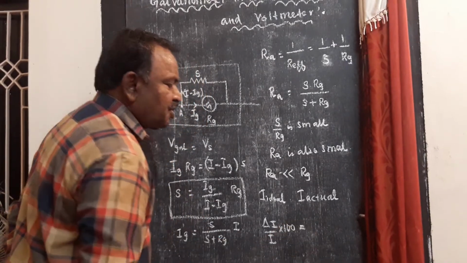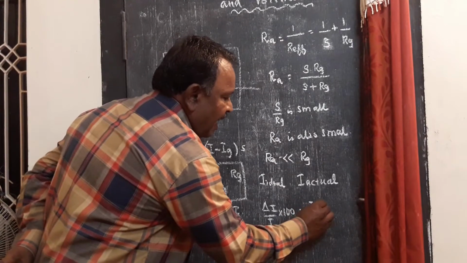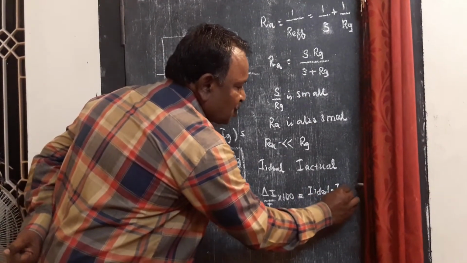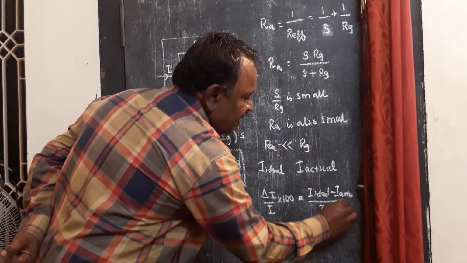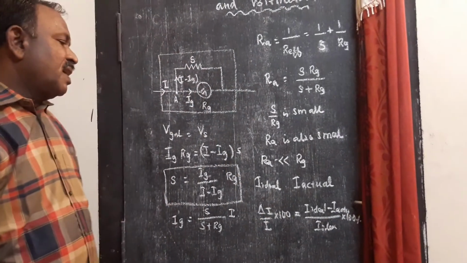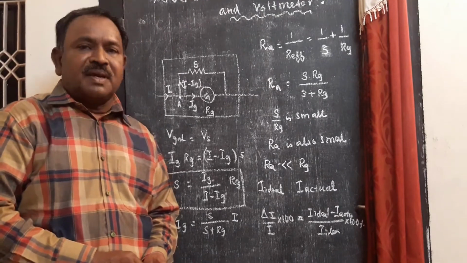That is, the percentage of error is (I ideal minus I actual) by I ideal into 100%. So this is how we can find the percentage of error in an ammeter.